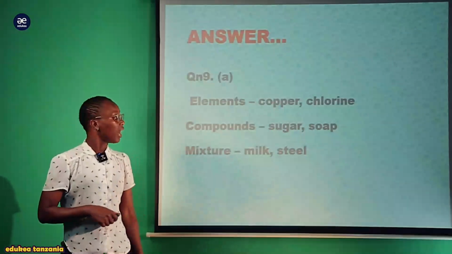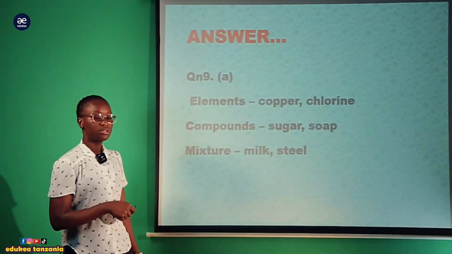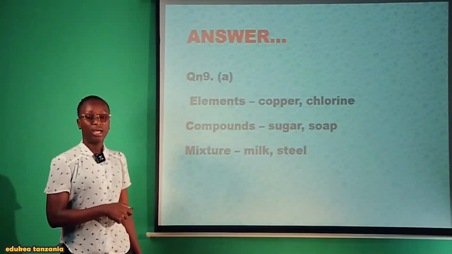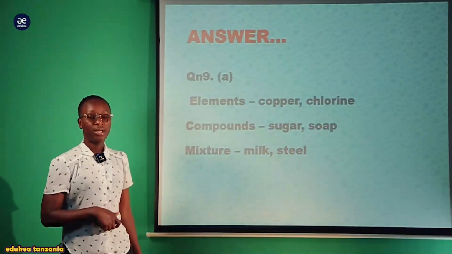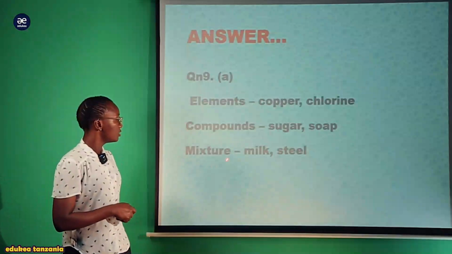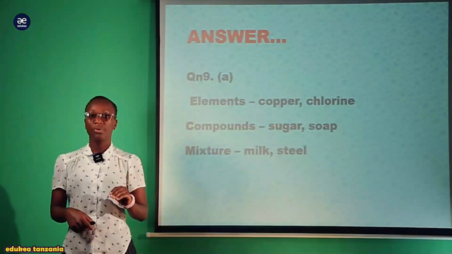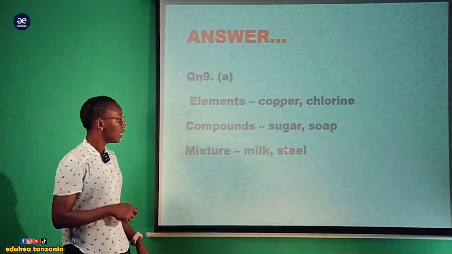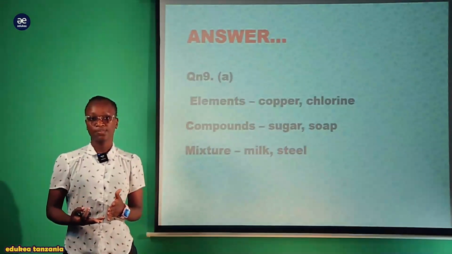So the compounds are sugar as well as soap. Kwa hiyo mwanafunzi alitakiwa identify kwamba hii ni compound na hii ni element. Also alitakiwa identify the mixture. Tulikuwa na component of milk, but also we have a component of steel. So this exists as a mixture.